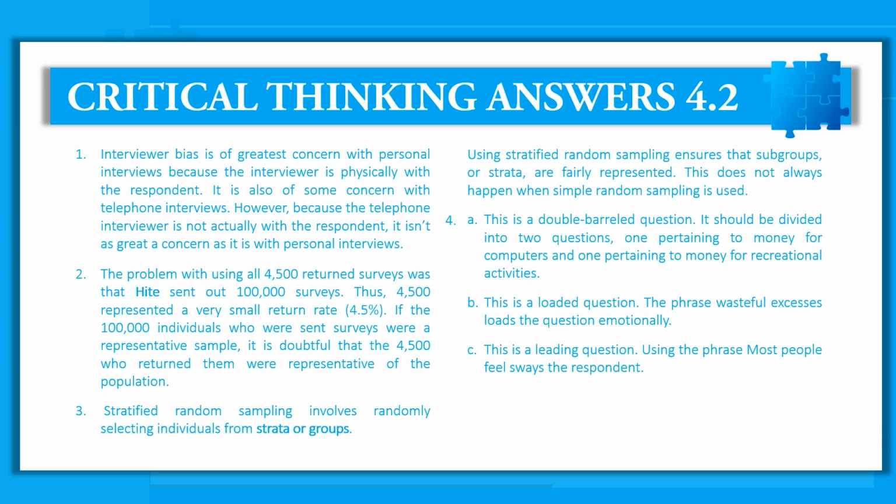However, because the telephone interviewer is not actually with the respondent, it is not as great a concern as it is with personal interviews. Second, the problem with using all 4,500 returned surveys was that High sent out 100,000 surveys.